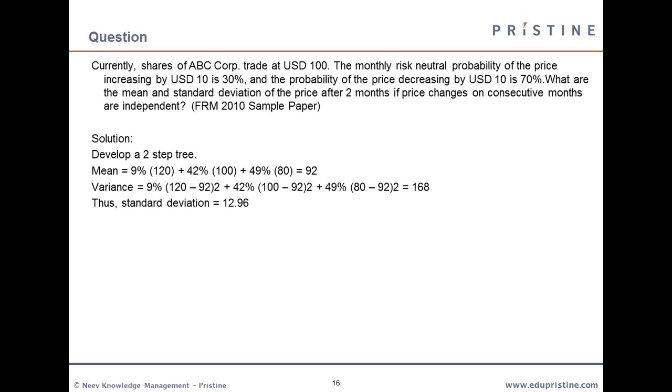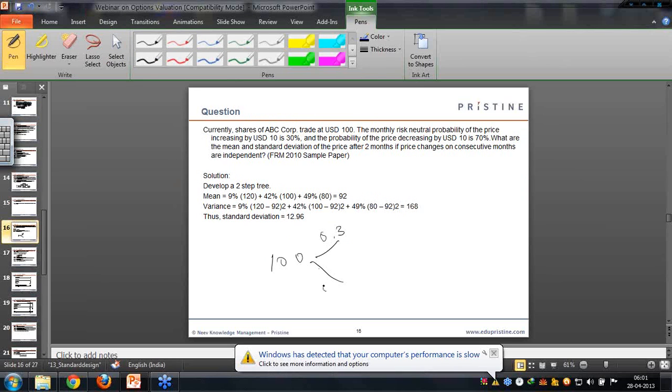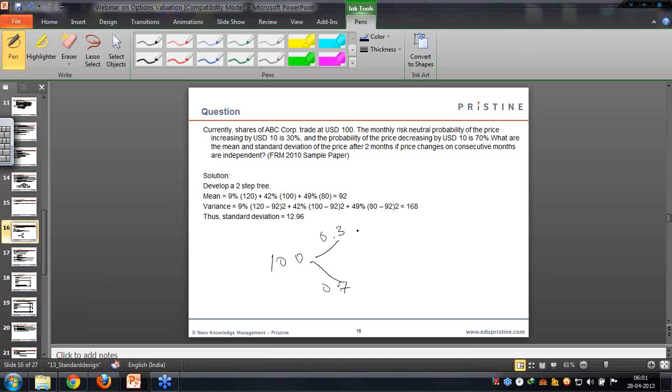So here's an example. This is from one of the FRM previous papers. It's a classic question on the two-step binomial method. Here we have stock price today, which is 100, and the probability is 0.3 upside probability, and 0.7 is the downside probability.